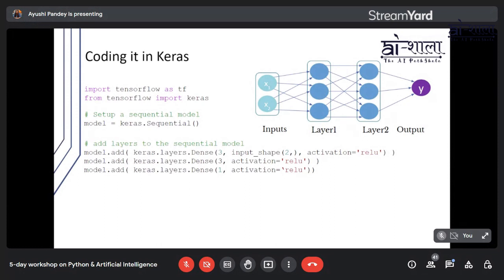But while comparing the two, Keras is more user-friendly and is built in Python. Its API is high level and, compared to TensorFlow, Keras is simple and readable.